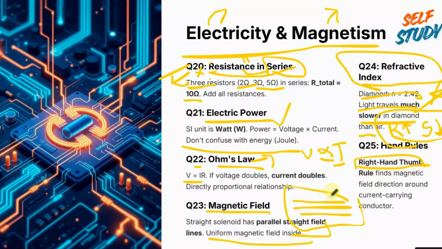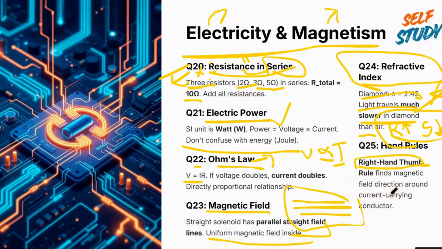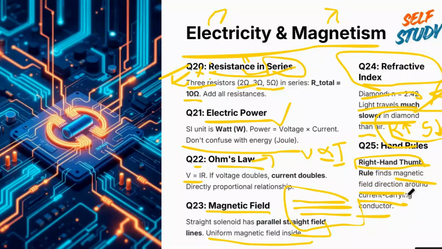This rule finds the magnetic field direction around a current carrying conductor, right? This is known as the right hand thumb rule, and we can also find the motion, current, and magnetic field direction through the left hand rule.